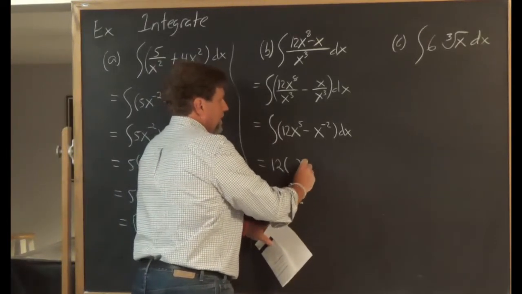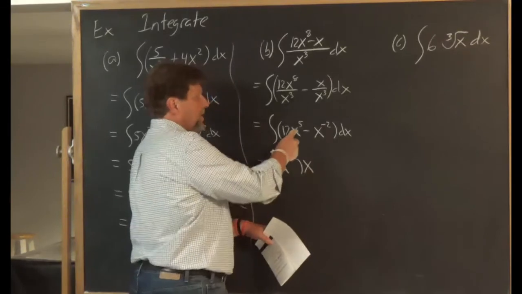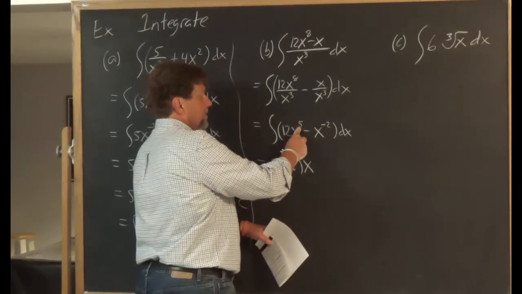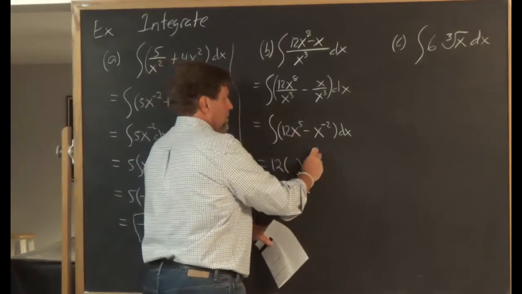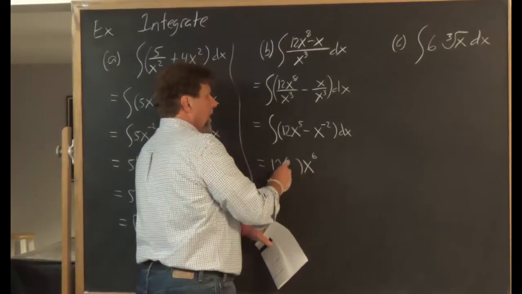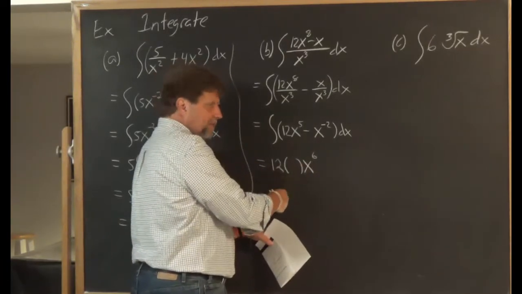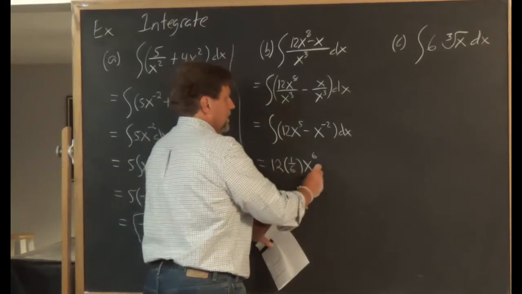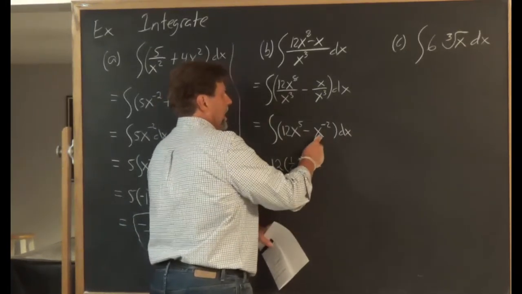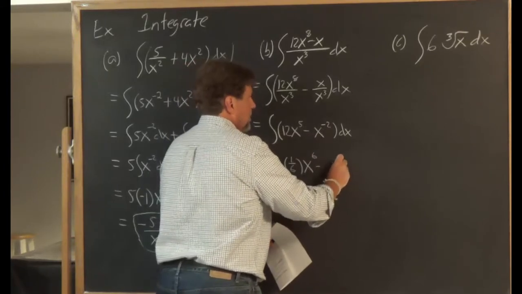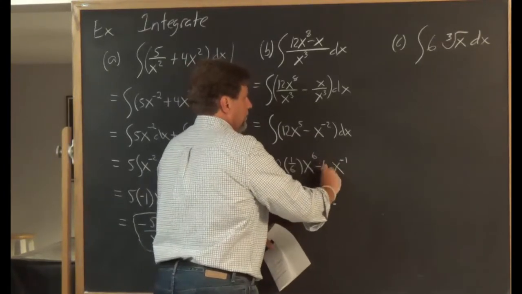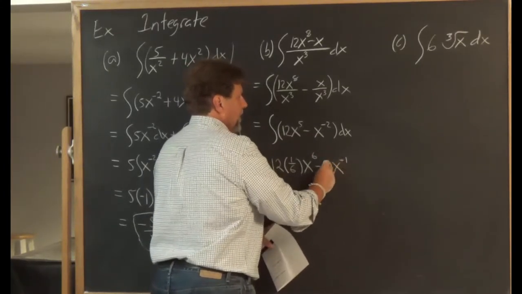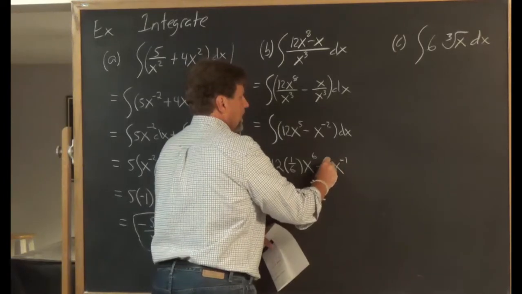Leave a little space. My new exponent, so see, I have to add 1 to this, so my new exponent is 6. Then in here I have to put the reciprocal of my new exponent, so that's 1/6, minus, okay, I add 1, and then out front I put the reciprocal of the new exponent, which is negative 1.